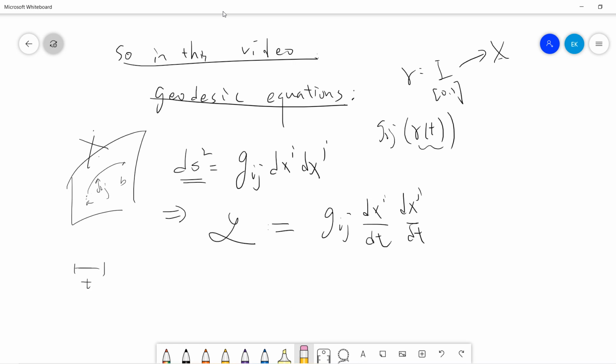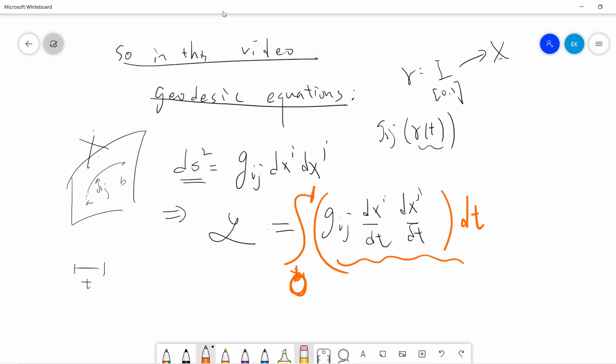So x^i, x^j are the coordinates, and the curve goes from t1 to t2. Let's say t1 is 0 and t2 is 1.